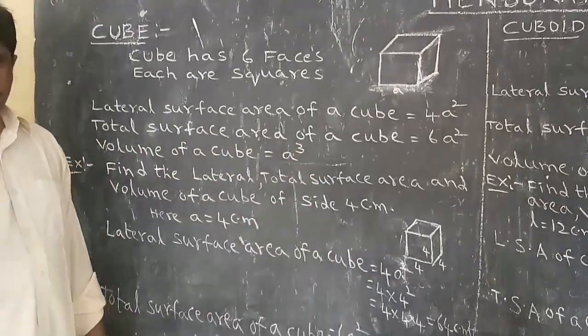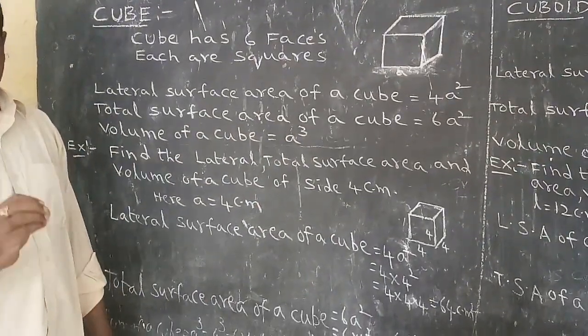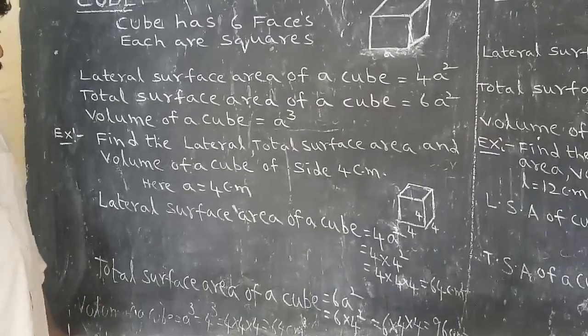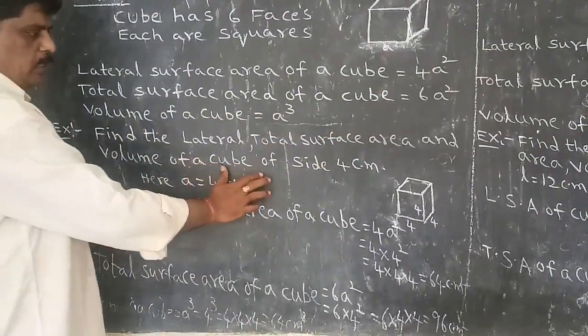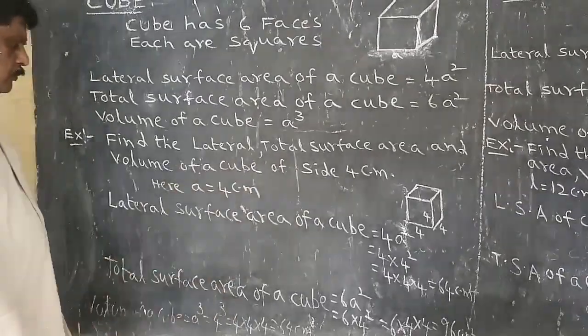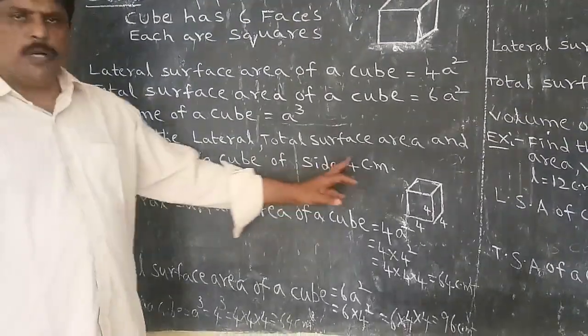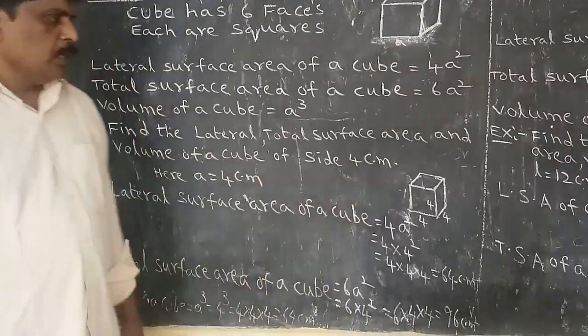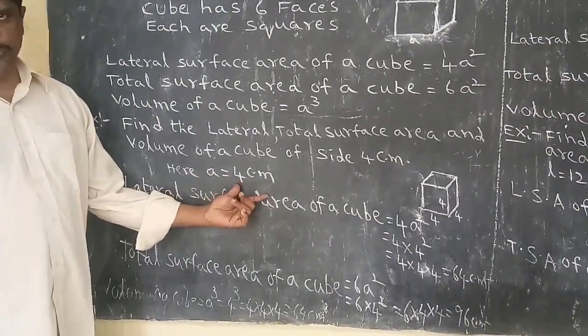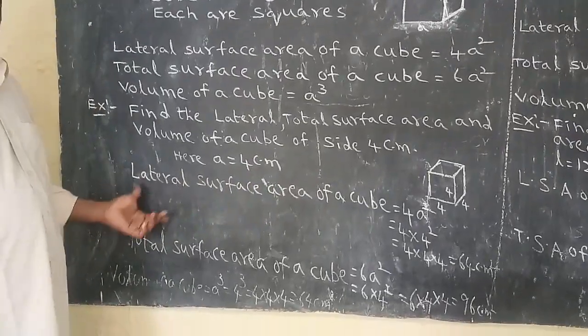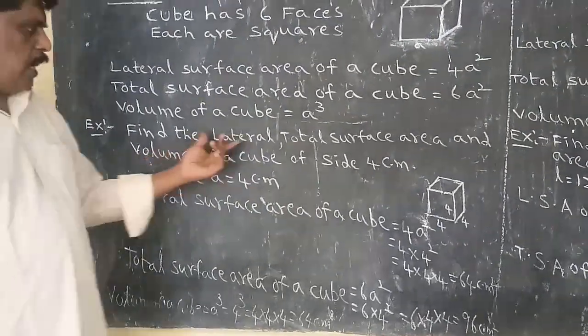I have given one example sum for you to understand these 3 formulas. Find the lateral surface area, total surface area and volume of a cube of side 4 centimeters. Here the side is given as 4 centimeters, that is a equal to 4 centimeters. First we have to find the lateral surface area.